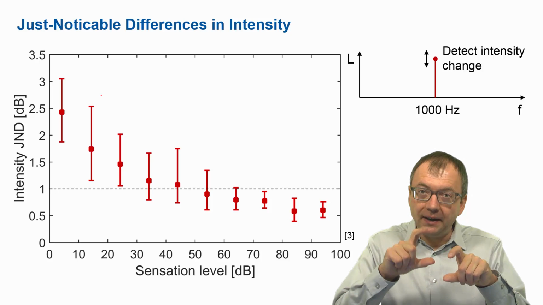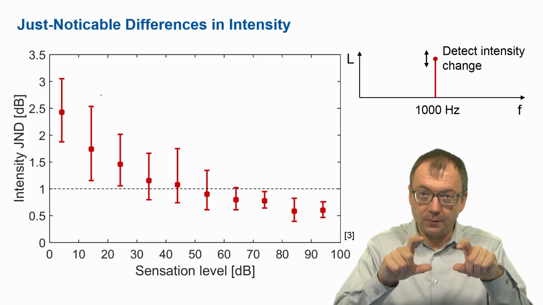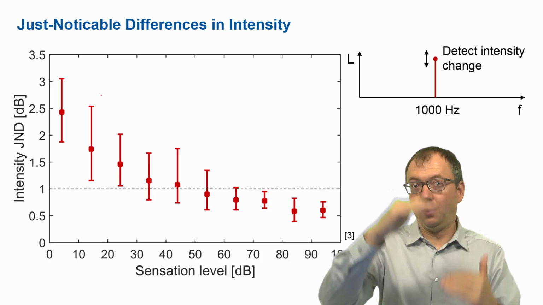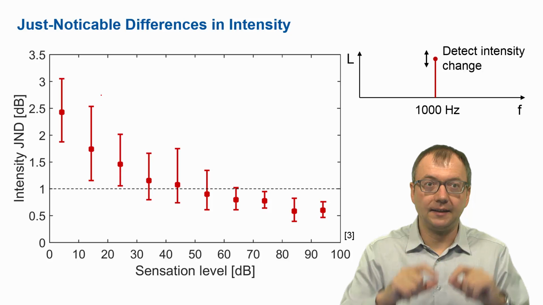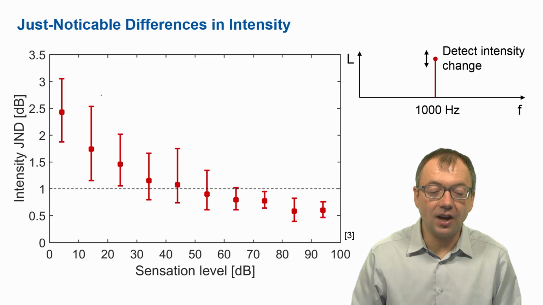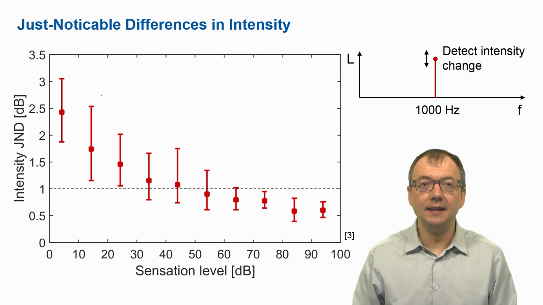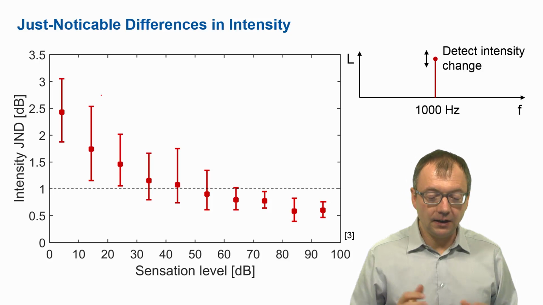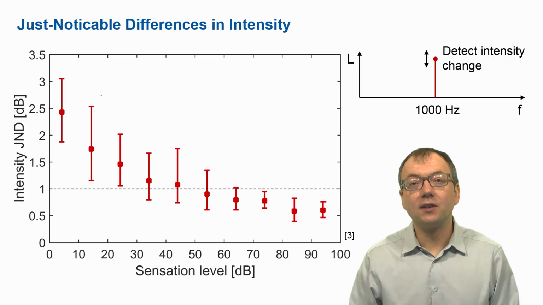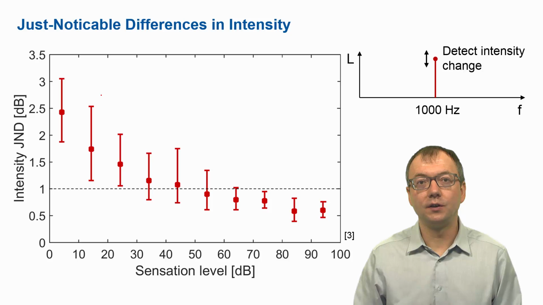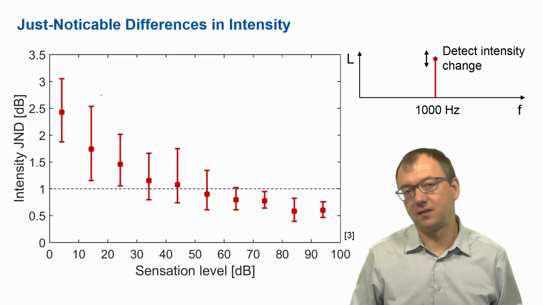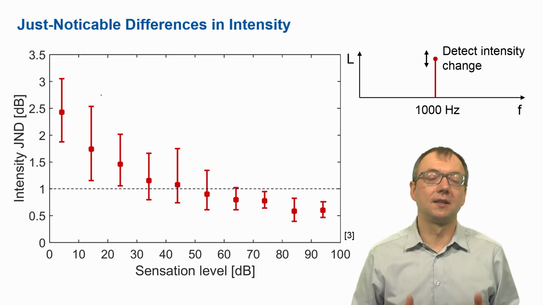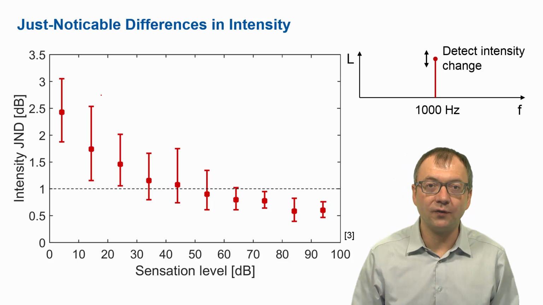And we then vary the level difference between the tones as a function of their overall level to just detect that difference. And we call this the just noticeable difference in intensity, given here as a function of the sensation level of the tone. The sensation level is not the level in dB SPL, but something very close. It's just the level relative to the threshold of hearing.